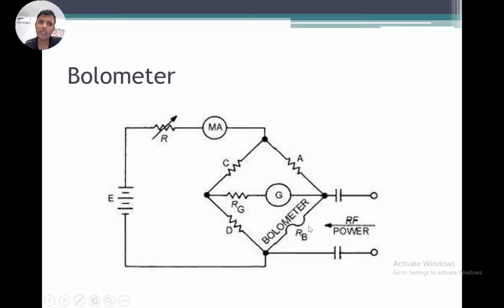So the basic principle is the Wheatstone bridge. Initially the bridge will be balanced, but once IR radiation falls on it, it disturbs the bridge by changing the resistance of the wire. This change in resistance is seen as a deflection in the galvanometer, which can be recorded as a function of the intensity of radiation. That is the basic principle of the bolometer.